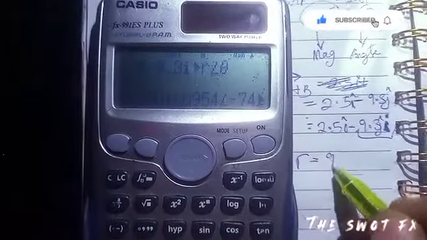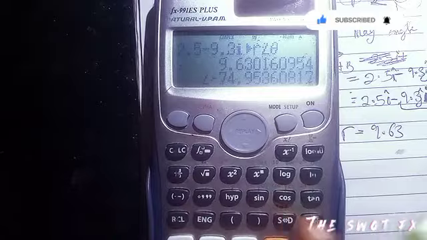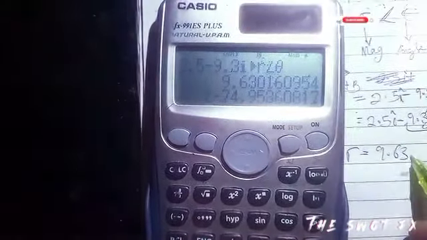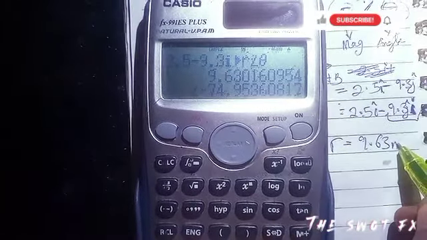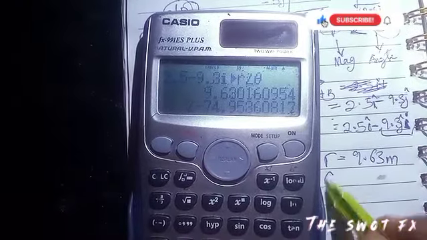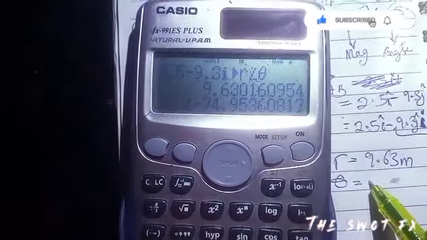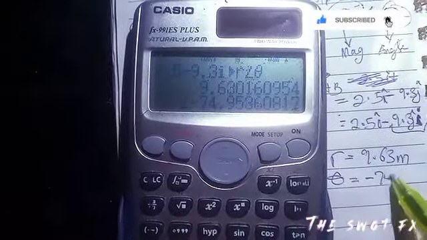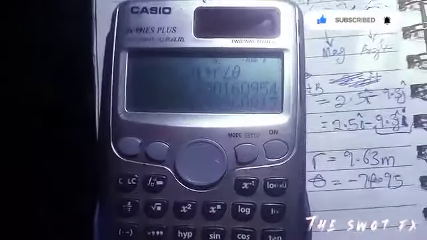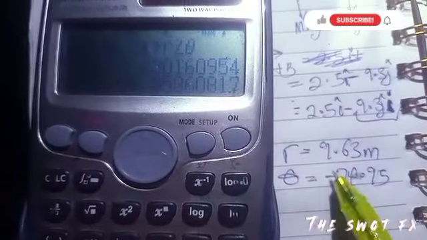R equals 9.63. When you press SD, it will split it into 9.63 meter. If it's in meter, then your angle is minus 74.95. When we're doing polar form, you can watch the other episode on polar form.